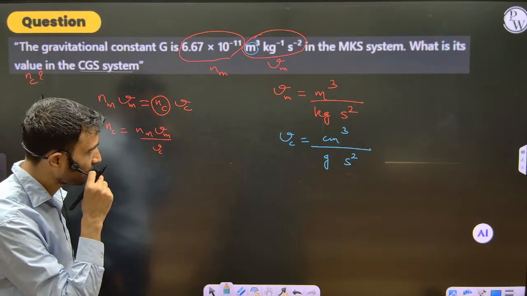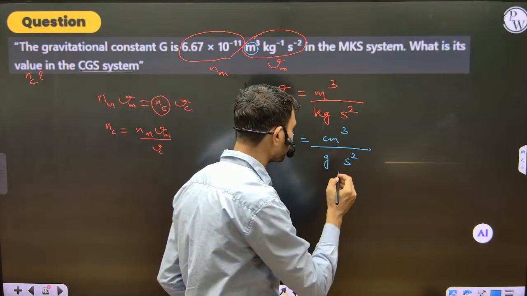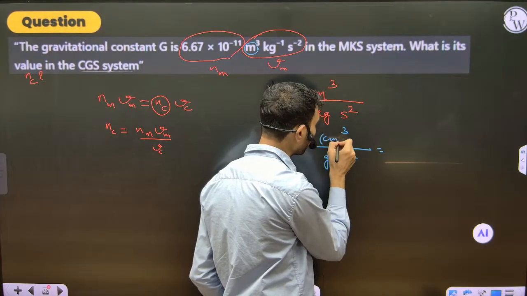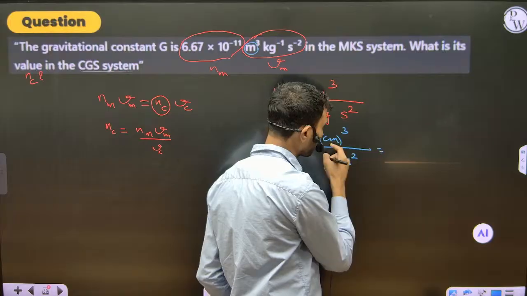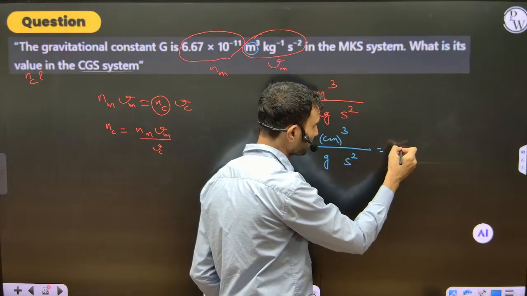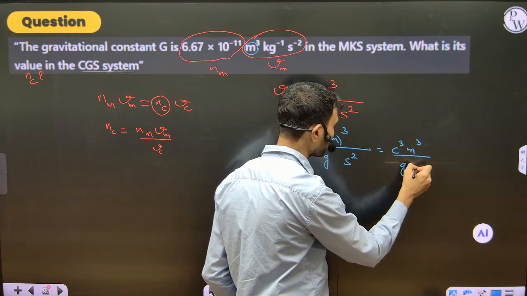Now you can simplify it. Centimeter cube means centimeter whole cube, right? I've told you this, centimeter cube means centi cubed, meter cubed, both are there. So that will become centi cube, meter cube divided by gram into second square.